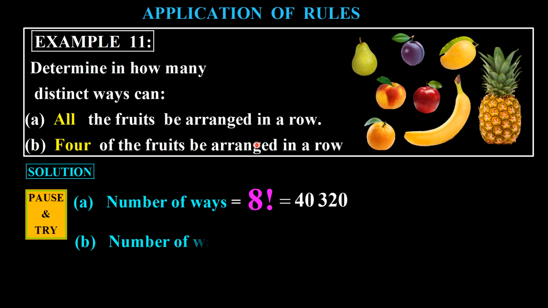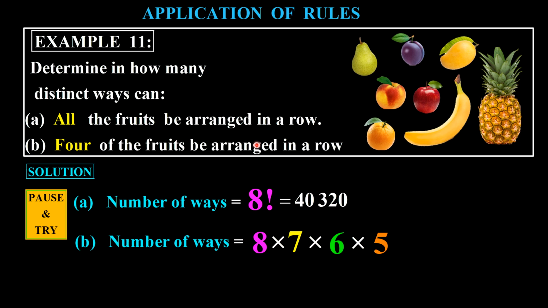Now, let's look at the second question. We want to arrange 4 of the fruits, right? So let's see first. For the first fruit, we have a choice of 8. Then for the second fruit, we have a choice of 7, right? And then for the third one there, we have a choice of 6. And then next one, we have a choice of 5.